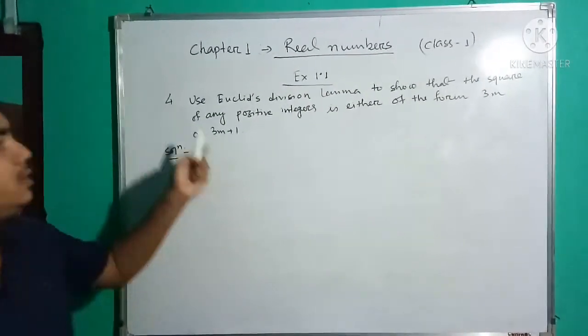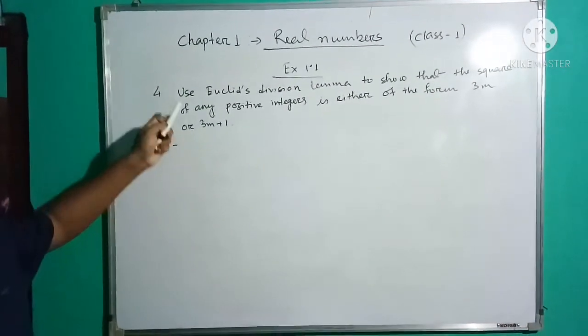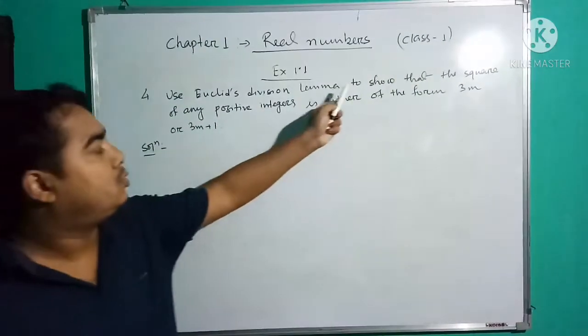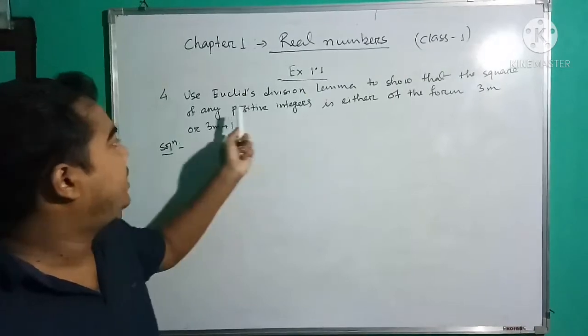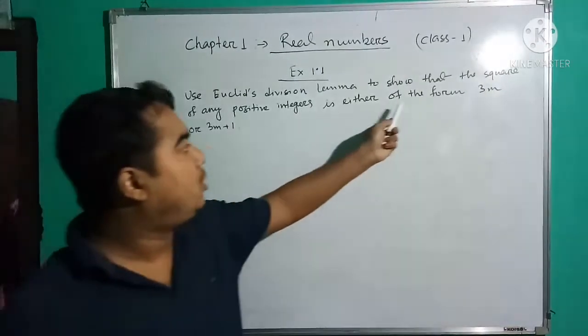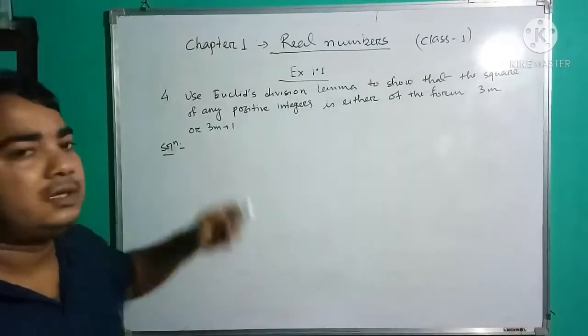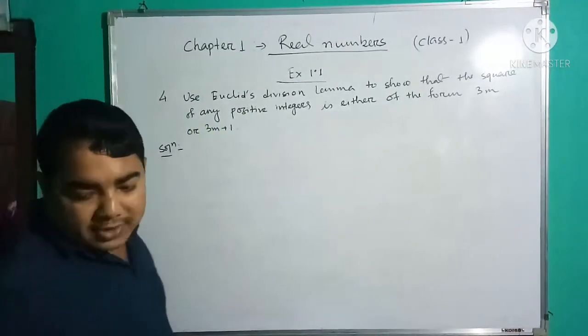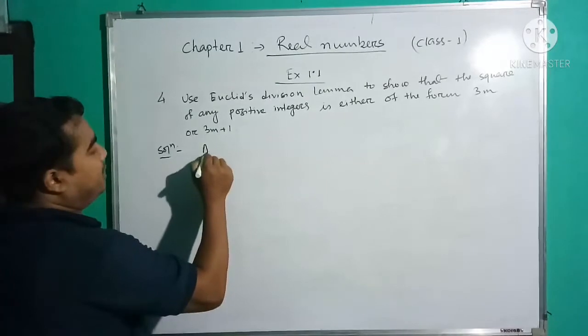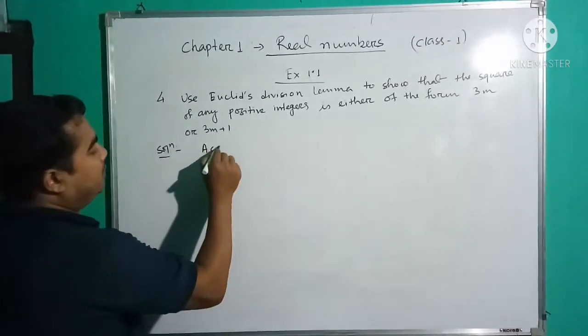Okay, now question number 4. Question number 4 is: use Euclid's division lemma to show that the square of any positive odd integer is either of the form 3m or 3m plus 1. According to question number 2, same process, write Euclid's division lemma.